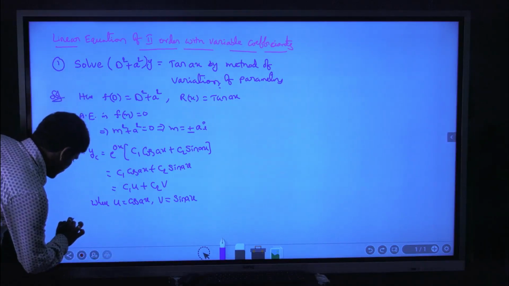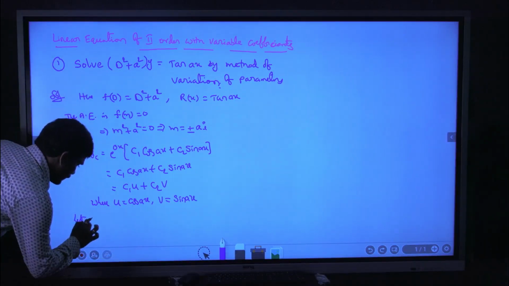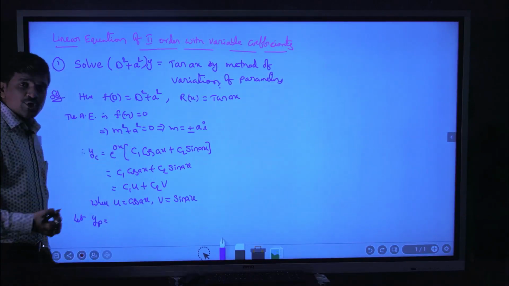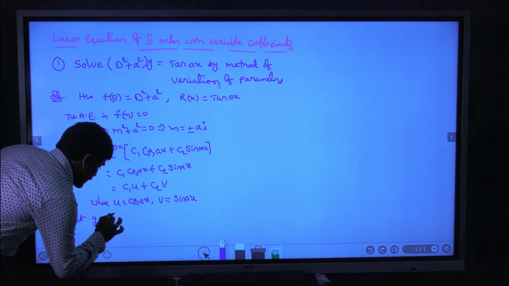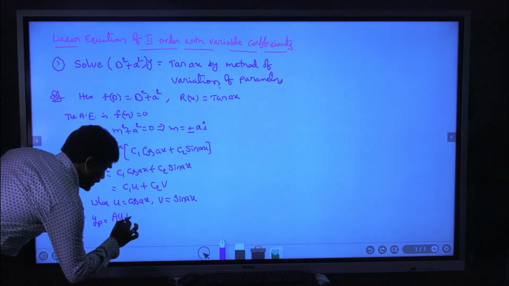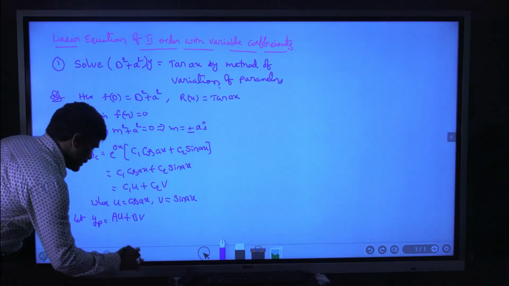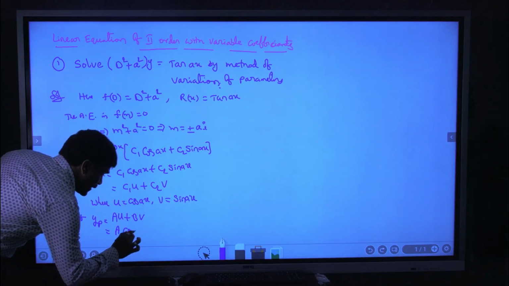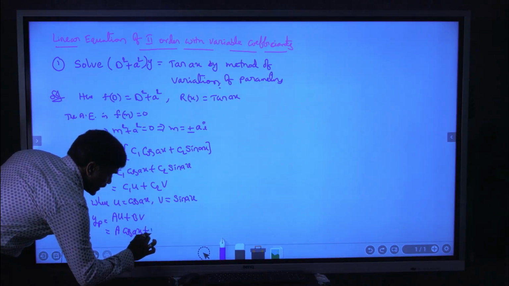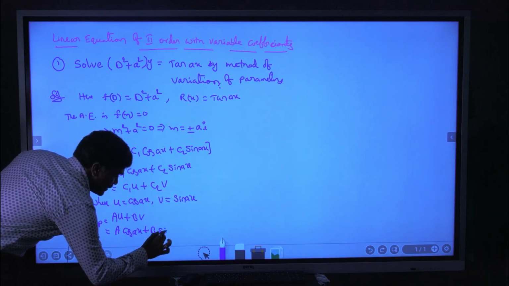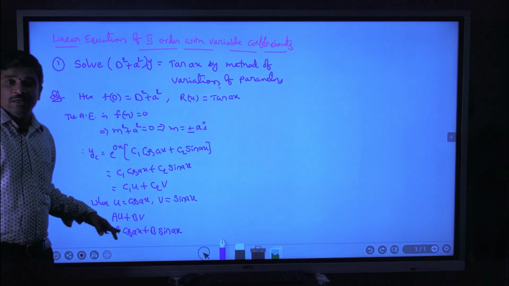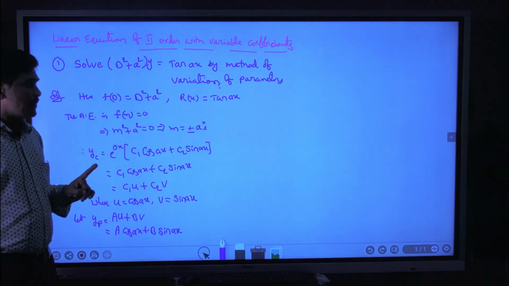Now let yp equal to, what is yp in variation of parameters? Yp is au plus bv. So here write A into what is u? A cos ax plus B, v is sin ax. So this is the particular integral yp.